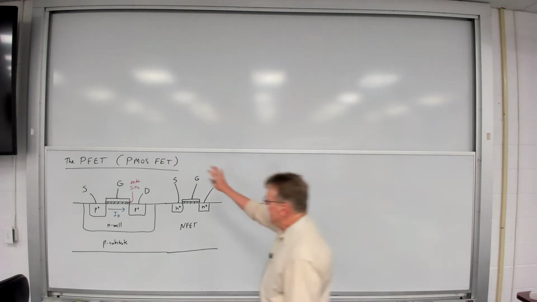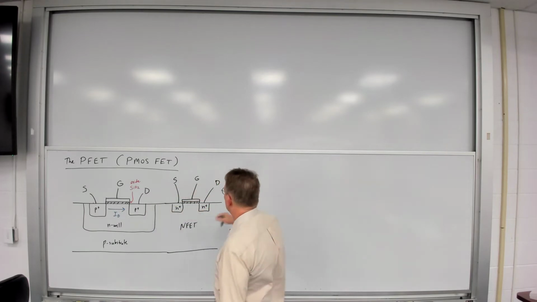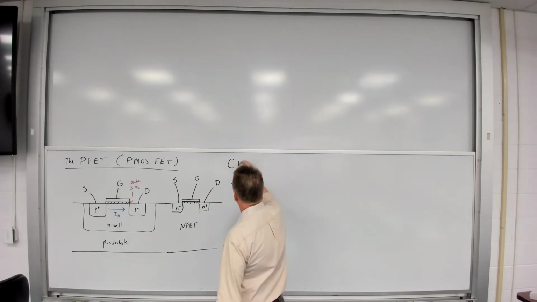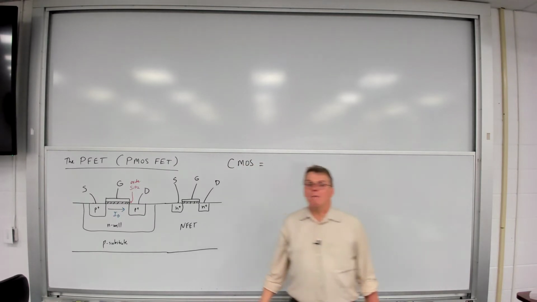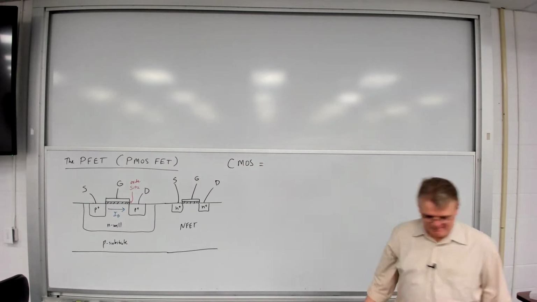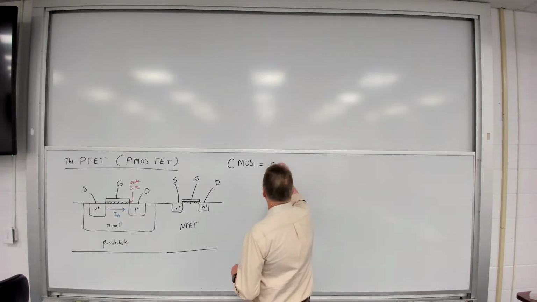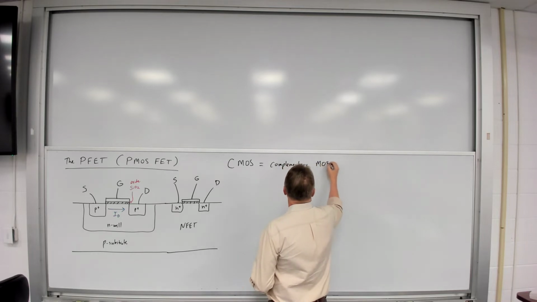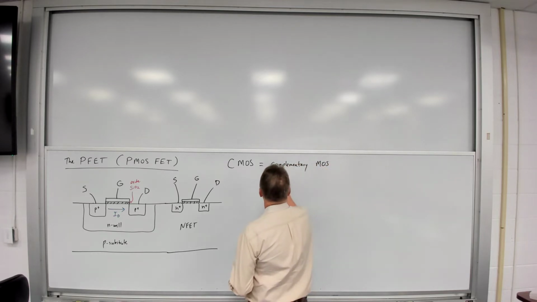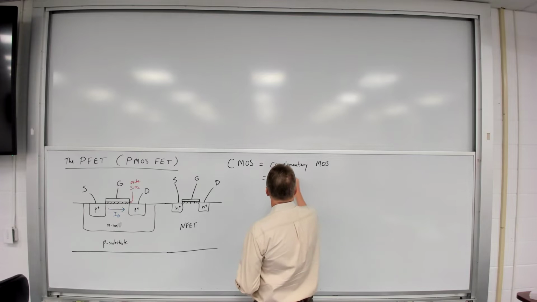In fact, adding PFETs and NFETs together gives us something called CMOS, which stands for complementary MOS. In other words, NMOS and PMOS together.